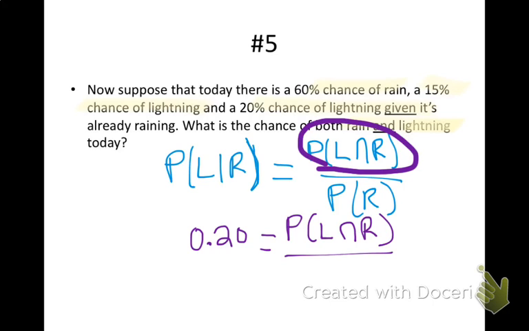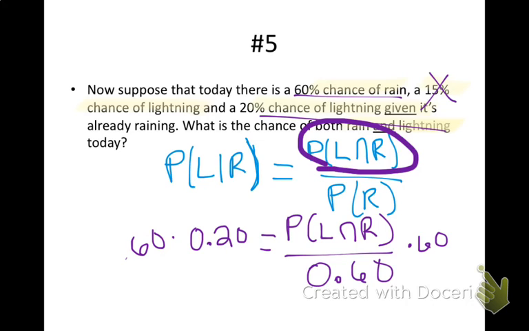But we do know the probability of just rain, 0.60. Then I'm going to multiply both sides by 0.60. And we get 0.60 times 0.20 equals 0.12.